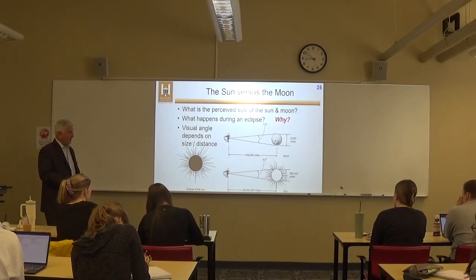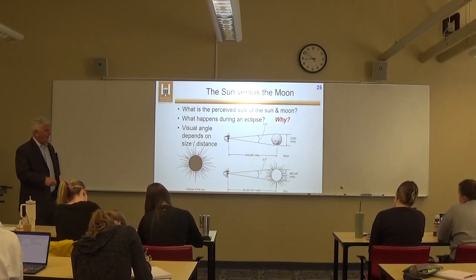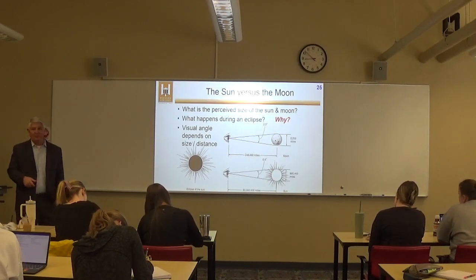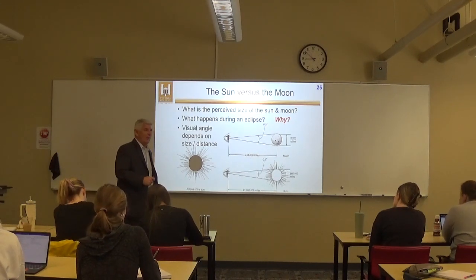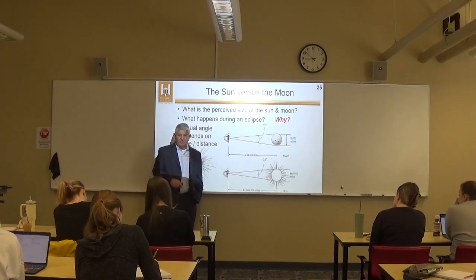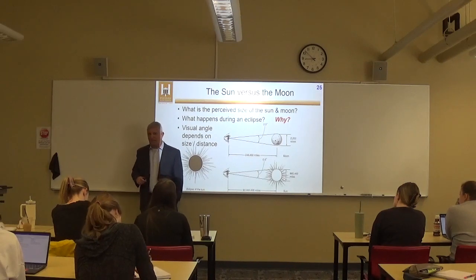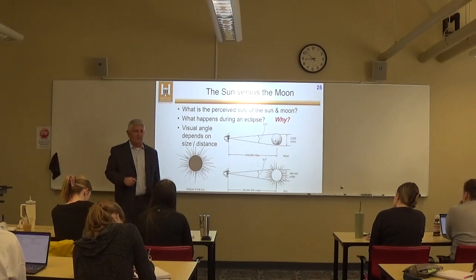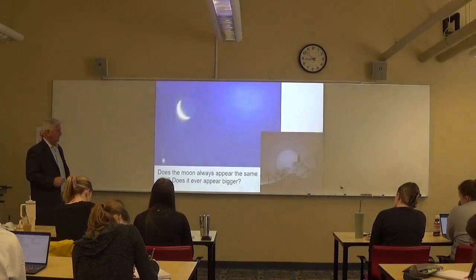Much bigger, much further away, same visual angle, so we perceive them as being the same size. Because our brains don't have a heuristic for how do I tell the difference between 245,000 miles away and 93 million miles away, right? We don't have any other clues to let us know how far away something is.